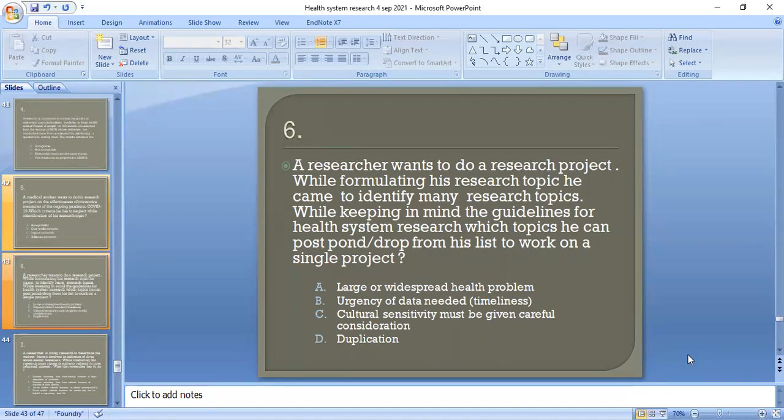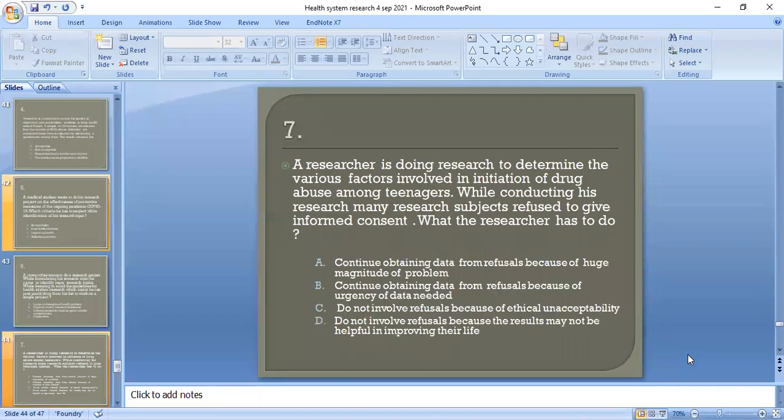D is the right option. When the researcher comes to know that the relevant research has already been done and it cannot formulate answers to questions, then he has to drop his research and adopt a new research topic.